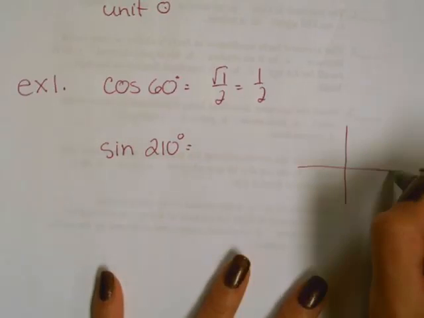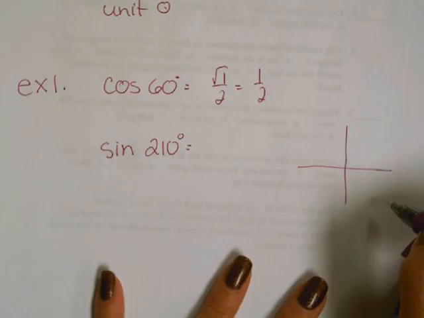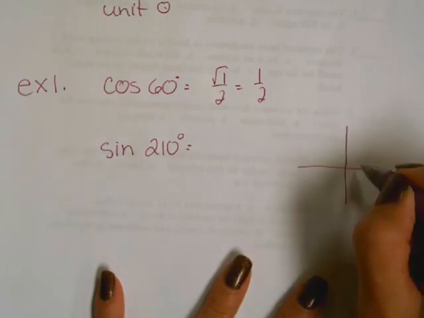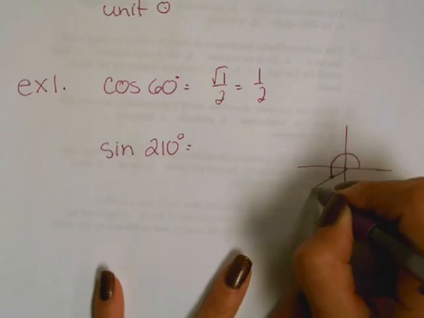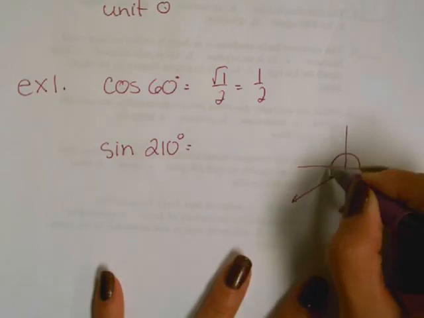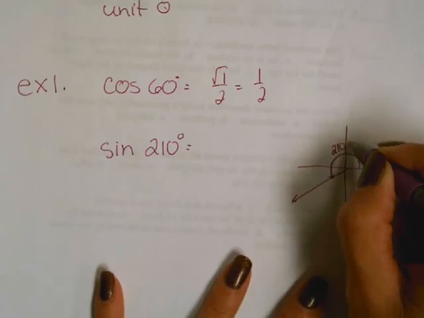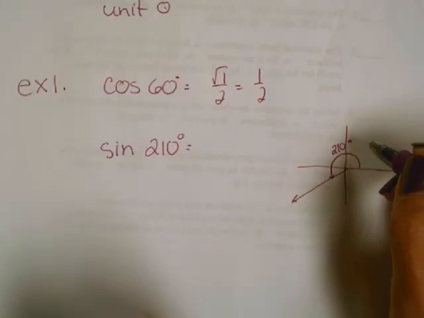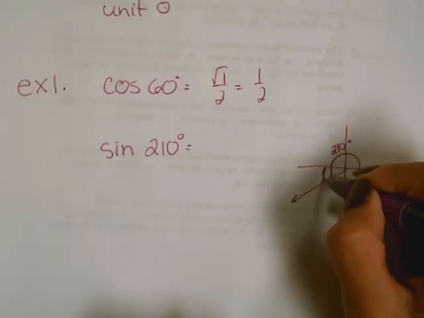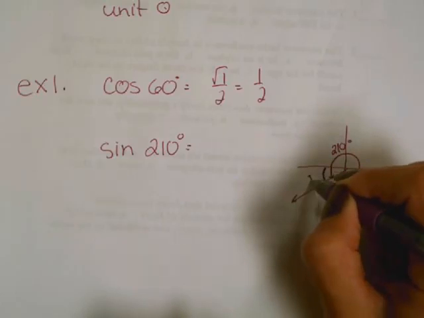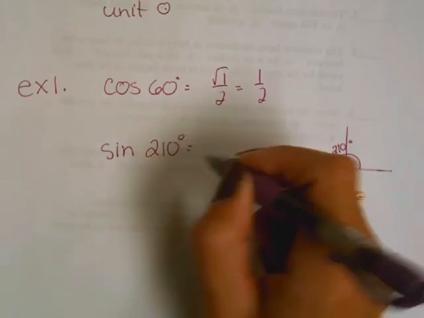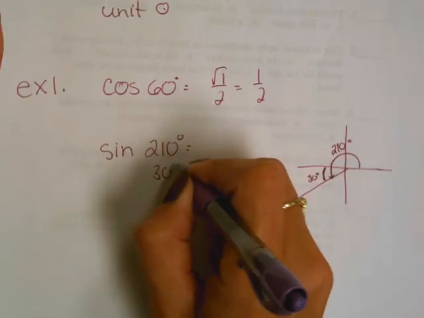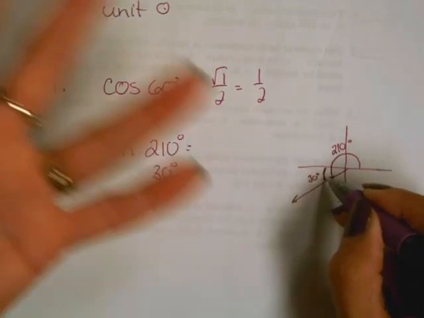Where is 210 at? Adam? Past the 180. Okay, so we need the reference angle. So if that's 210, we need a reference angle that we can use on our left hand. What's my reference angle? What is this right here? 30 degrees again. So in order for me to get the sine of 210, I'm going to look up the sine of 30, because my reference angle is 30.